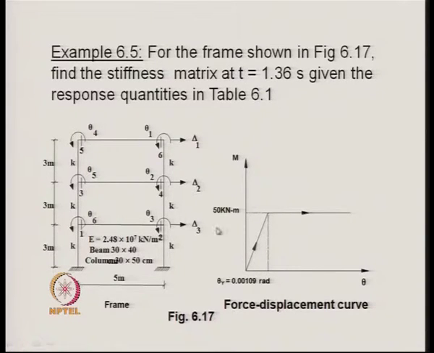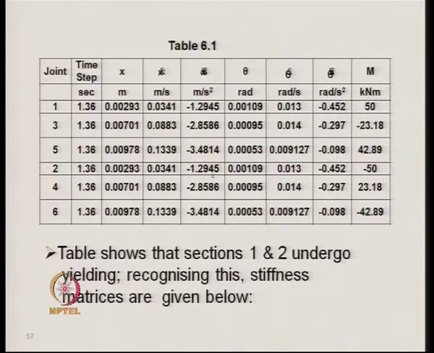The rotation here and the rotation here should be the same because of the antisymmetry, and these two rotations are maximum, and then we have the rotation for this beam, then we have the rotation for this beam. So, these rotations are listed over here.